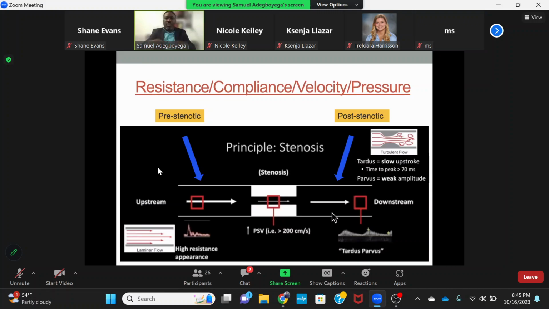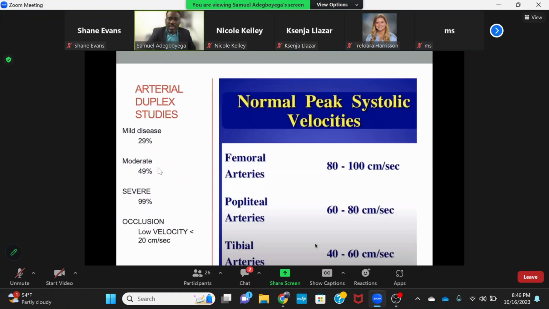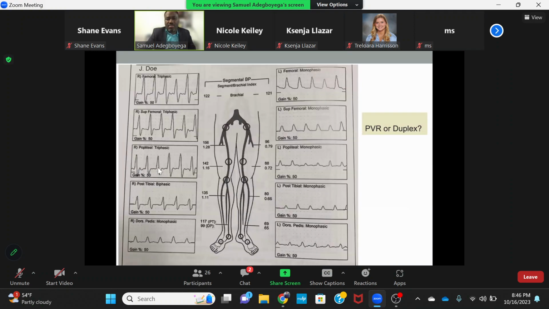They may also ask pre-stenotic, what kind of flow will you get? You get laminar flow until it gets to the area where you have stenosis, and that's when you get turbulent flow. At the stenotic area, you get severe turbulent flow and a very high velocity. Afterwards, you get very low flow. I'm not going to forget that.